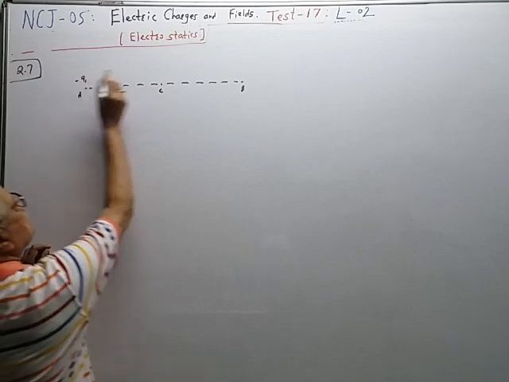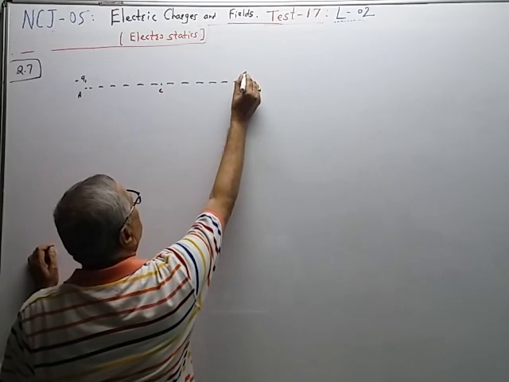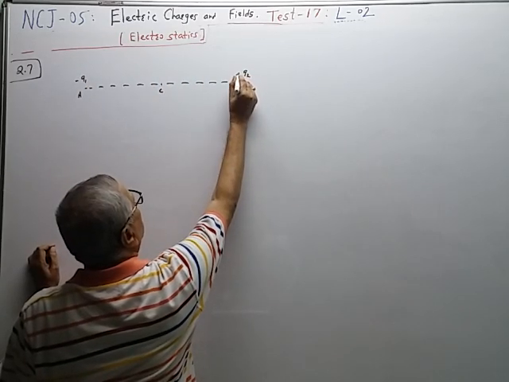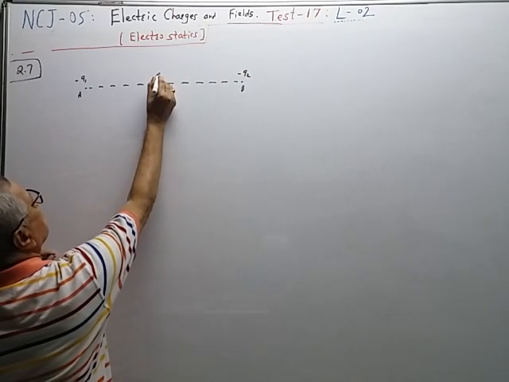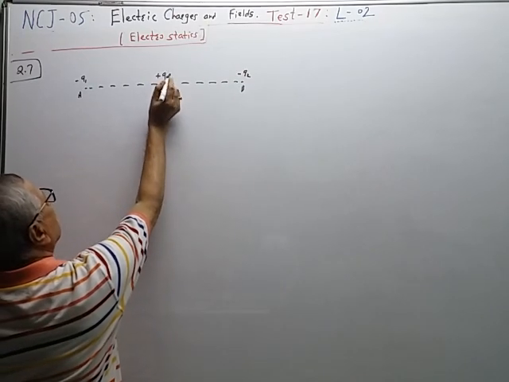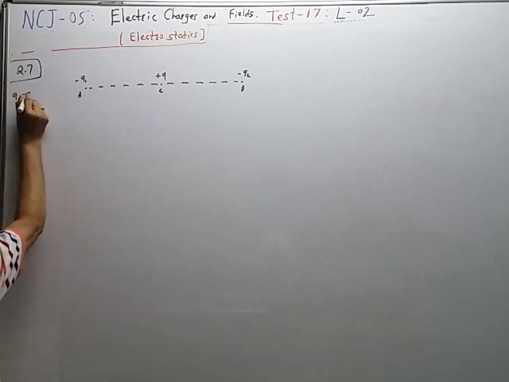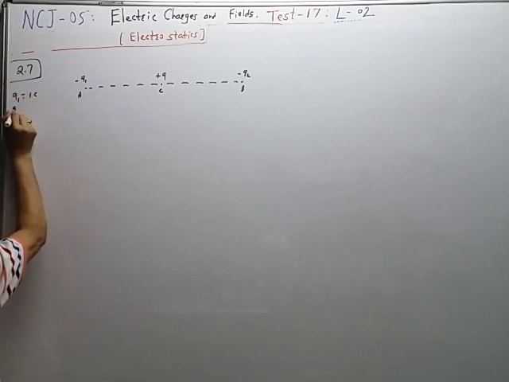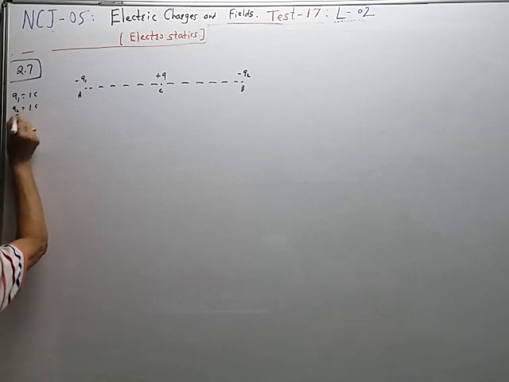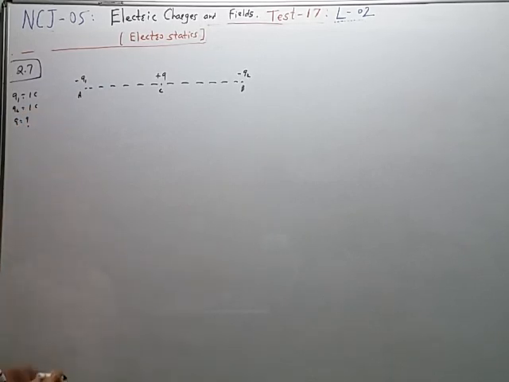It is a negative charge. This charge is Q2. This is a negative charge, and this charge is plus Q, positive charge. So Q1 is equal to 1 coulomb, Q2 is equal to 1 coulomb, Q is equal to question mark. The magnitude is it. So the system is in equilibrium.